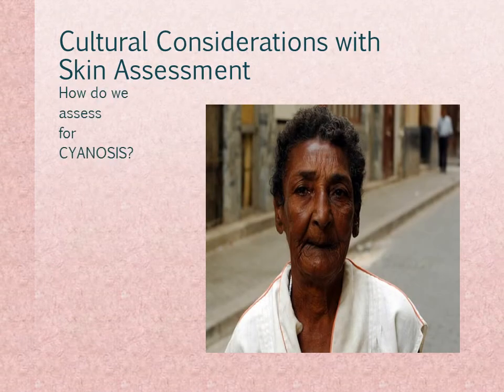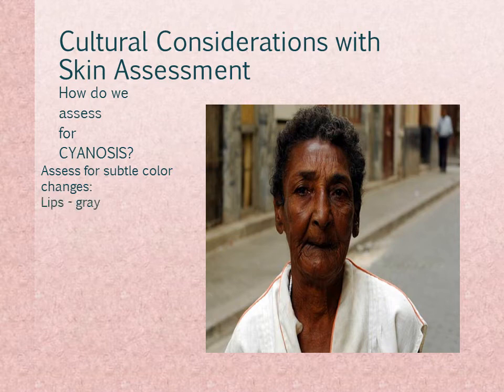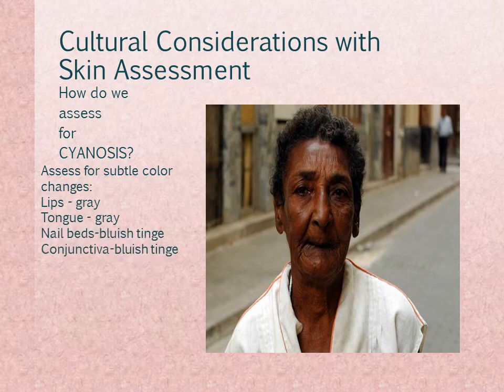In cultural considerations, how will we assess for cyanosis? Well, we will assess for subtle color changes, such as: are the lips gray? Is the tongue gray? Do the nail beds have a bluish tinge? What about the conjunctiva? Does it also have a bluish tinge?